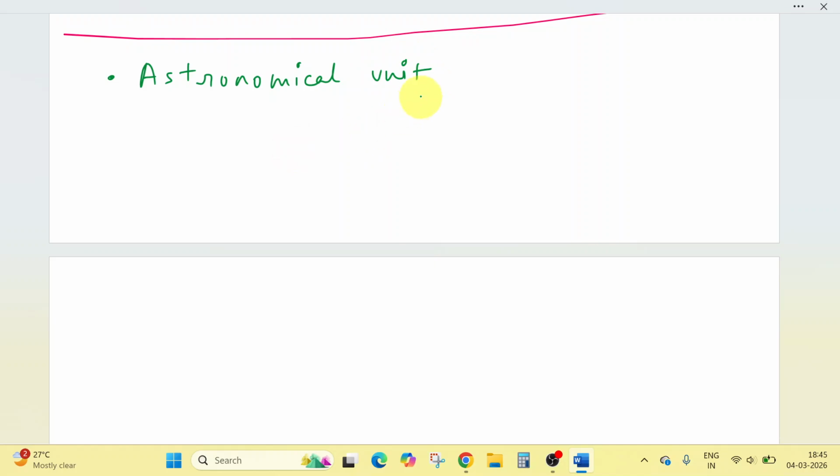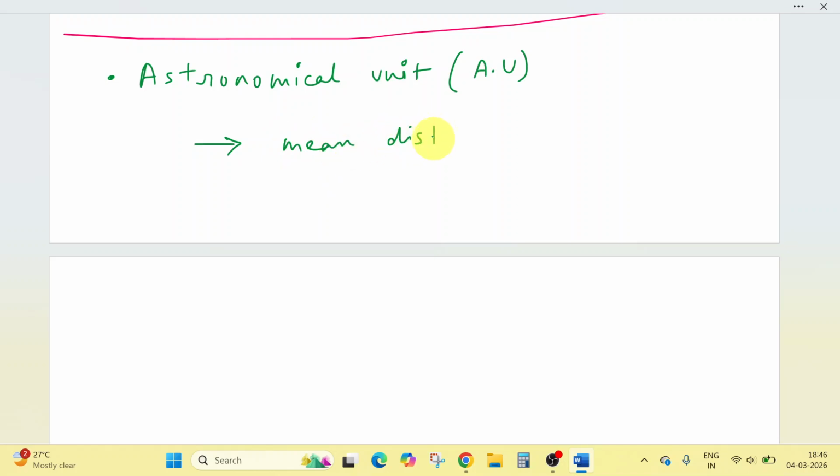It is mentioned in AU, meaning short form. Astronomical unit. So by definition, astronomical unit is equal to the mean distance between the earth and the sun. It is by definition the mean or average. Mean means what? Average.